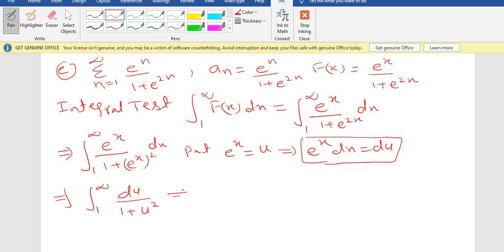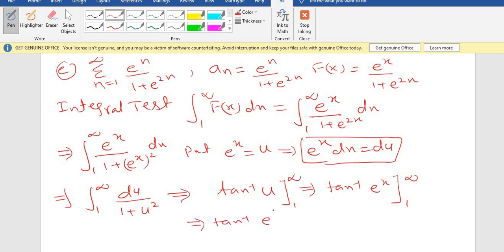What is the integration of that part? The integration is tan inverse of u, and use the limit, where tan inverse of u means tan inverse of e power x, from 1 to infinity. So when you replace, it is tan inverse of e power infinity minus tan inverse of e power 1.